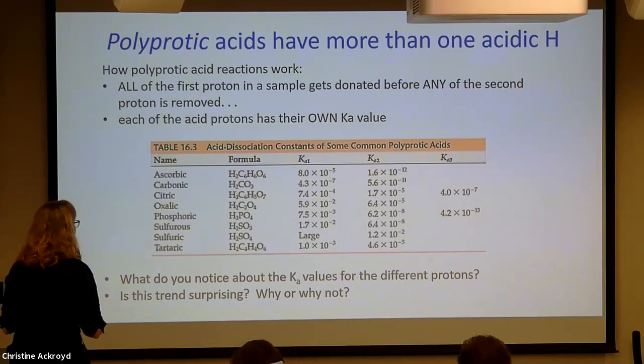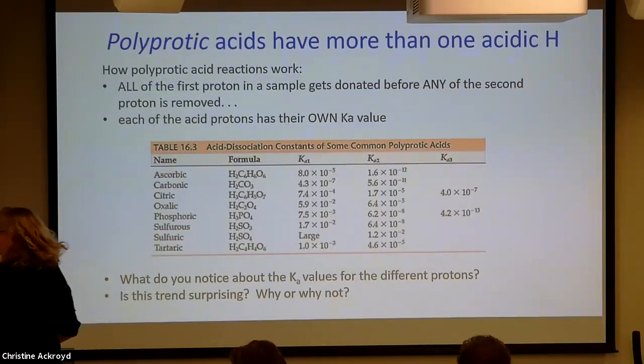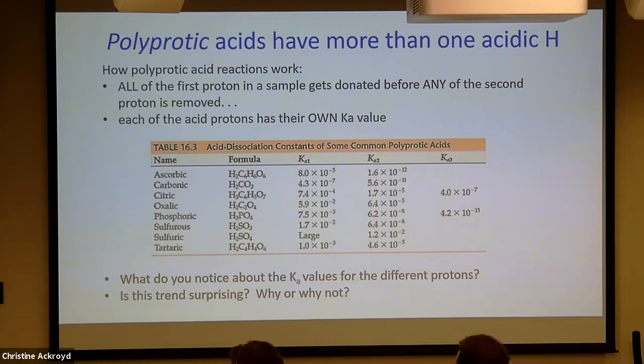Okay, let me draw a formula for these because I think that will be helpful to you to visualize what's happening. The thing about a polyprotic acid is that all of the protons have the same reactivity. So suppose I'm writing, here's the Lewis structure for sulfuric acid.